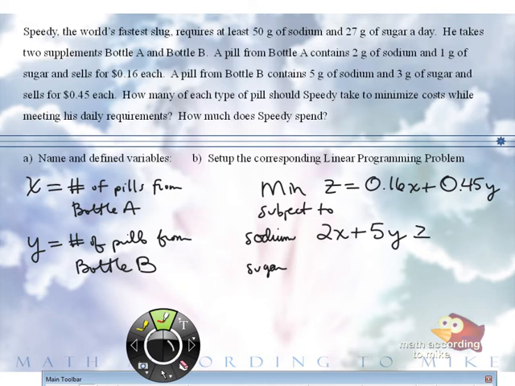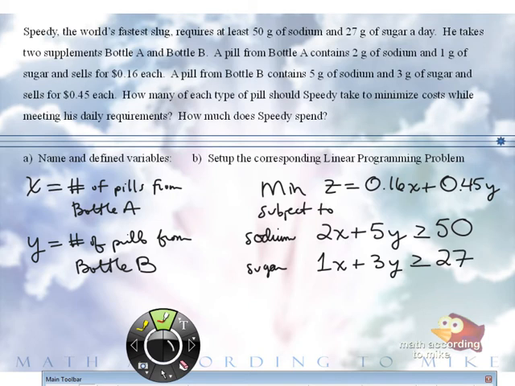He needs at least 50. So put all the numbers that are similar categories together. 2, 5, 50 all relate to sodium. How about sugar? He needs at least how much sugar? 27.